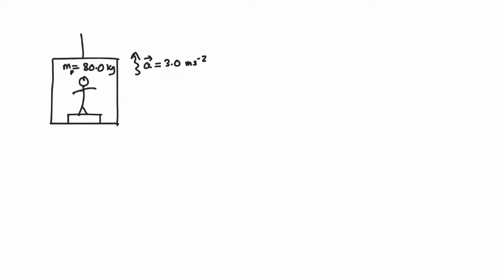I'm going to start off again by drawing a force diagram on the person. So I'm going to isolate the person. So the system is the person, or P. And in this case, the forces acting on the person, one is F_g, and that's coming from Earth, somewhere here.